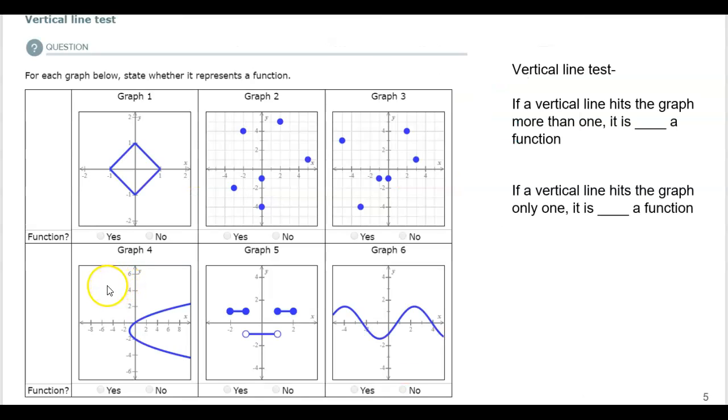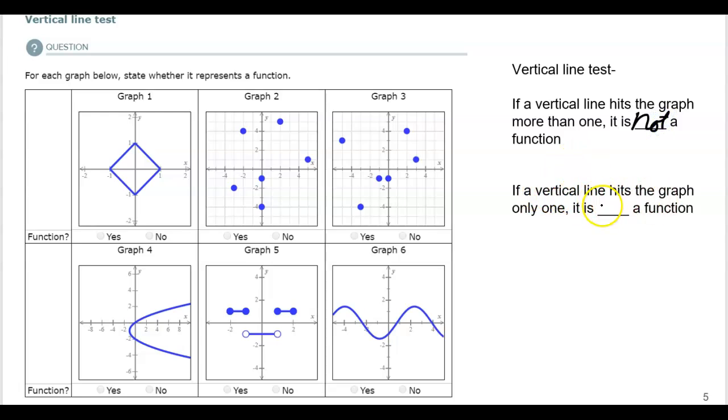Okay, next we're going to talk about the vertical line test. It is how you decide if something is a function. If a vertical line hits the graph more than once, it is not a function.